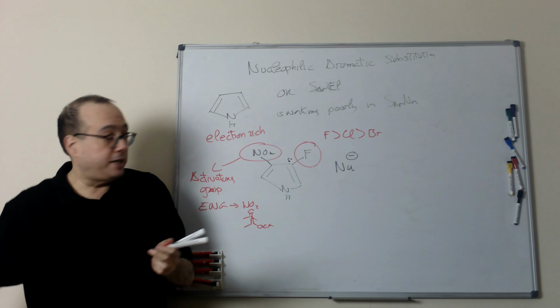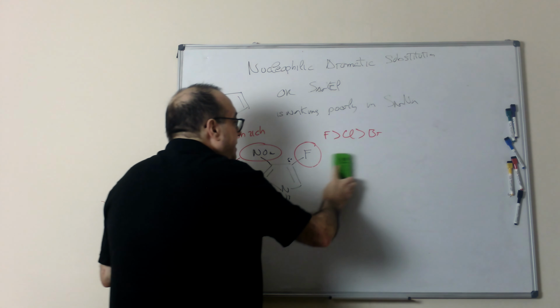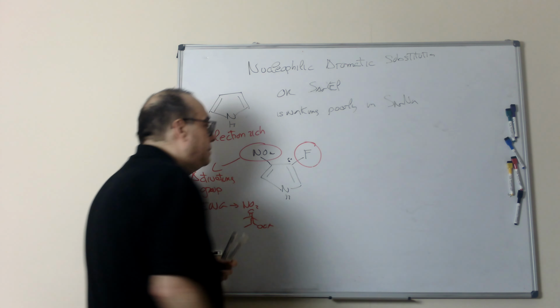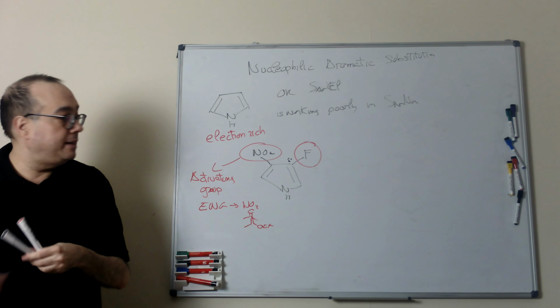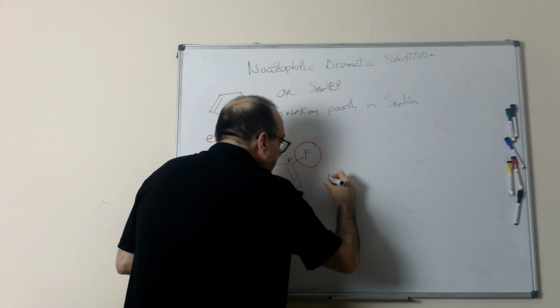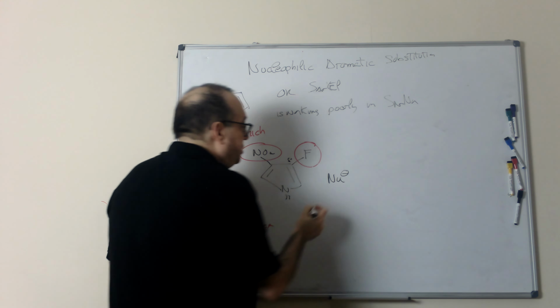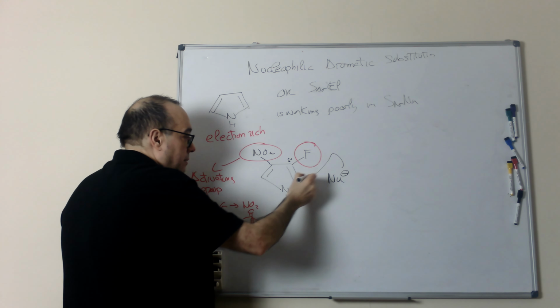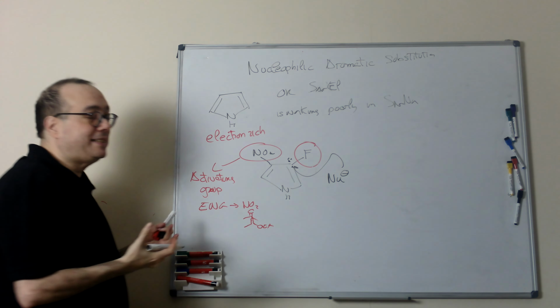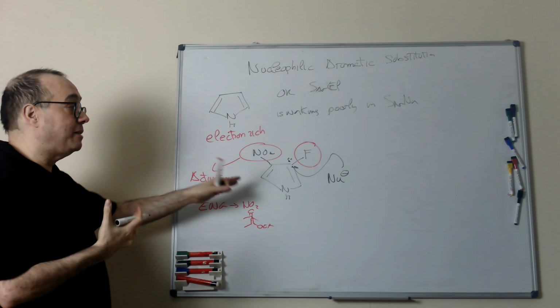And how does it work? Well, the mechanism is exactly the same as in the aromatic nucleophilic substitution of benzene. First step, and the rate determining step, is the addition of the nucleophile to the aromatic.